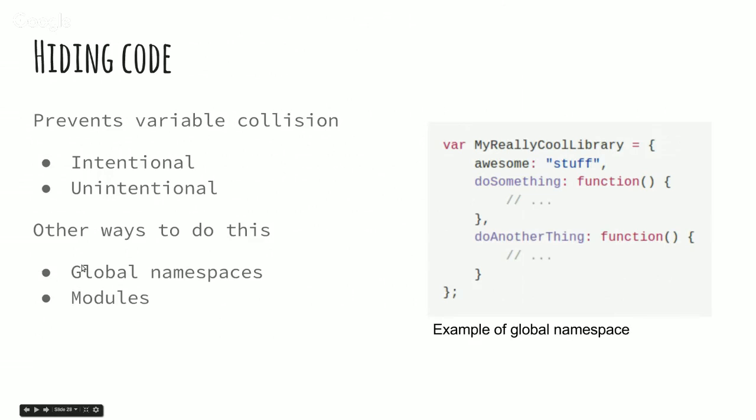The first one is global namespaces, which it shows an example of over here. And I think this is a lot like what jQuery does, right? Because you start your jQuery off with that. I have very little experience with jQuery, but I know that pretty much all jQuery starts with that $ sign.